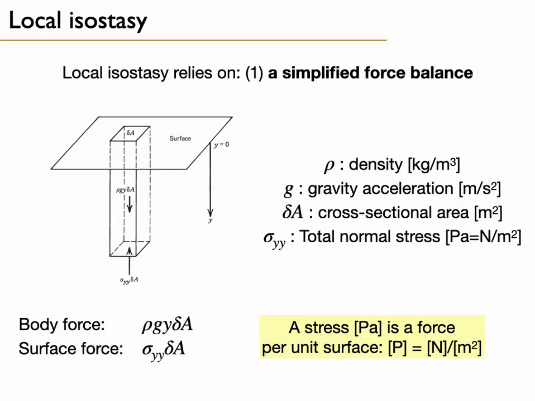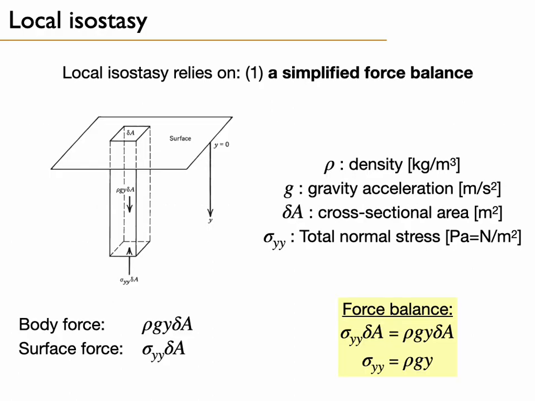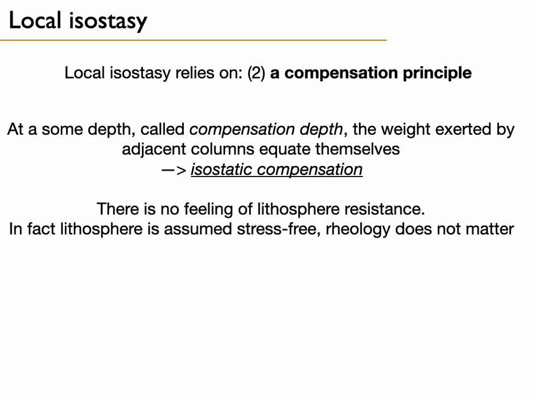So we have basically sigma yy delta A is equal to rho g y delta A. Now delta A appears on both sides of the equation, so we can simplify this: sigma yy is equal to rho g y. This comes from static equilibrium. That's the balance of the surface force and the body force.